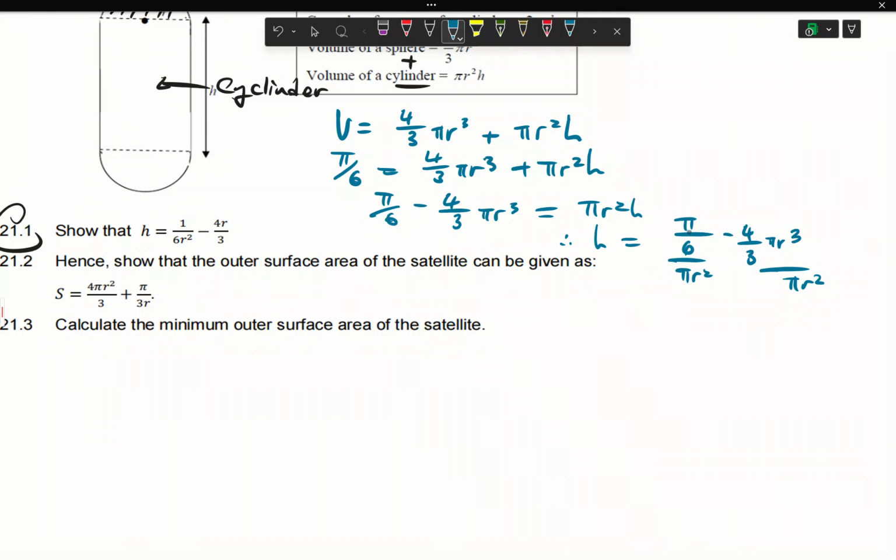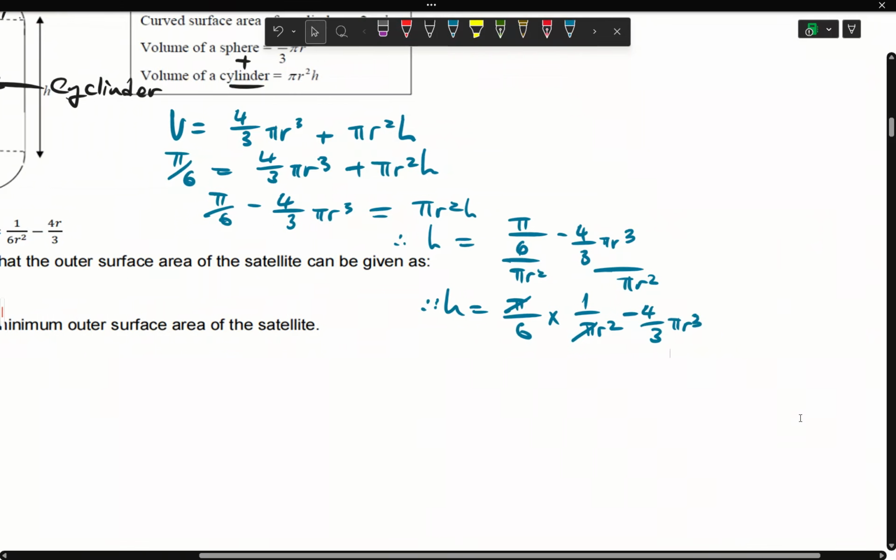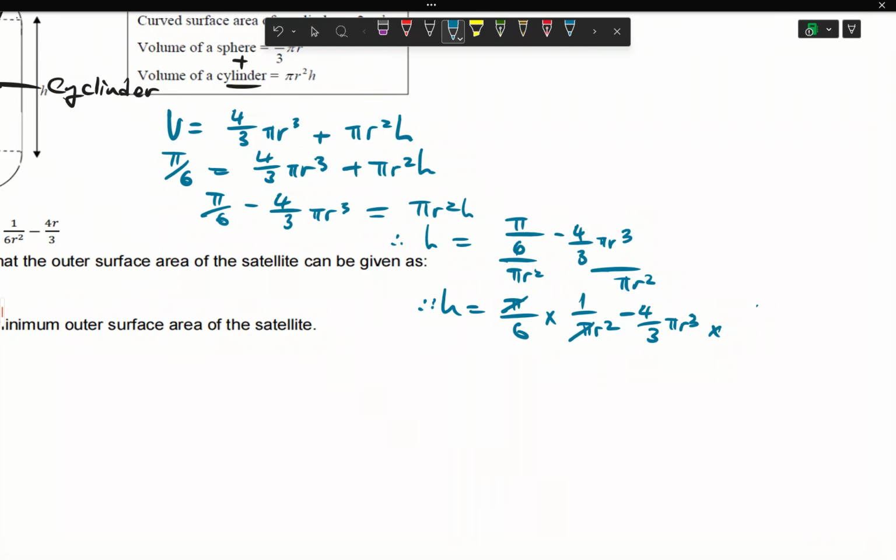Now this is the same as, to find h, pi all over 6 multiplied by 1 all over pi r squared. The pi and the pi will rationalize, and then minus 4 all over 3 pi r cubed, this is the same as multiplying by 1 all over pi r squared. The pi and the pi rationalize there.